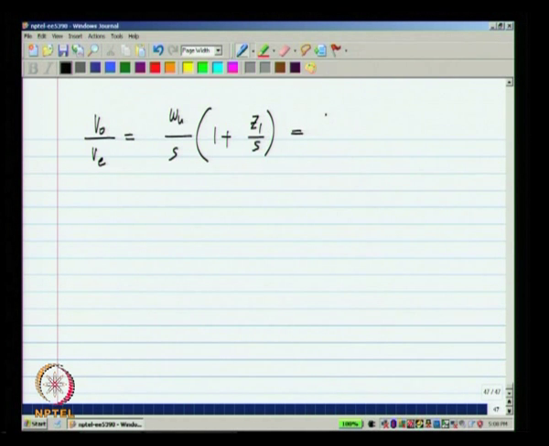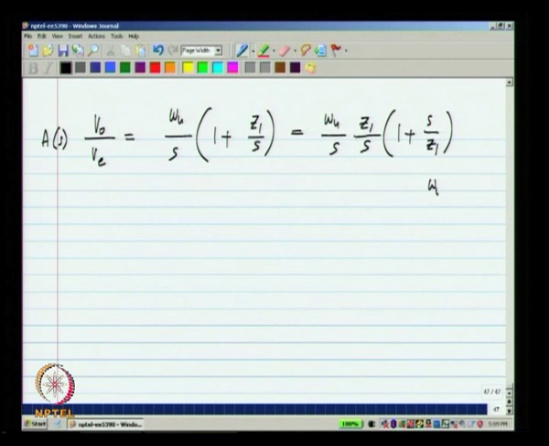This can also be written again as omega u by S, Z1 by S, 1 plus S by Z1. And this is nothing but A of S.